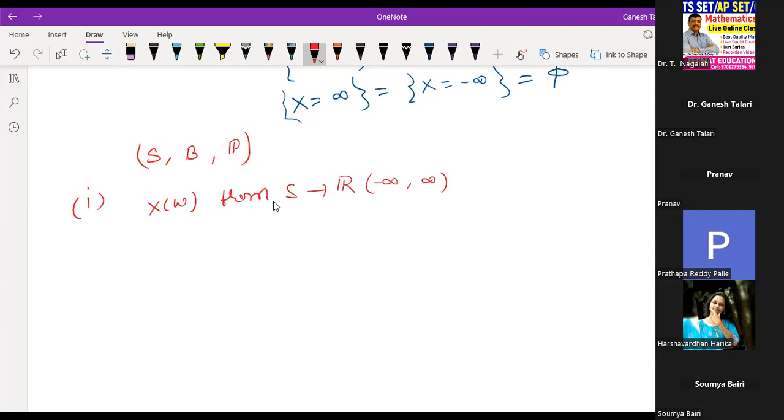It is a random variable if the set {omega : X of omega is less than a real value} belongs to your sigma algebra.